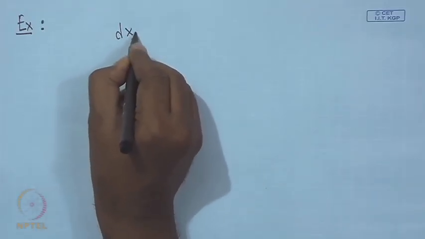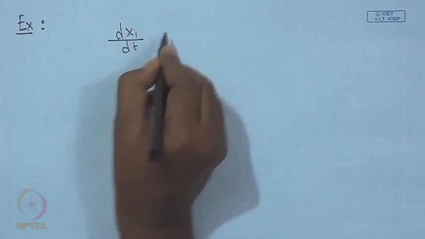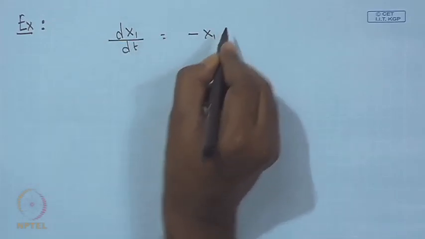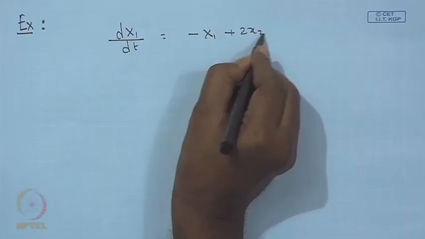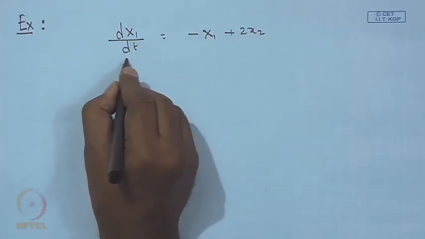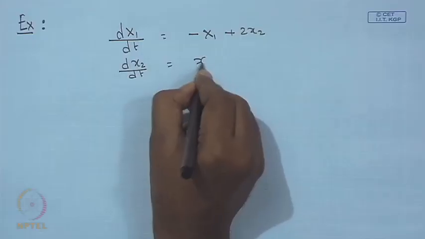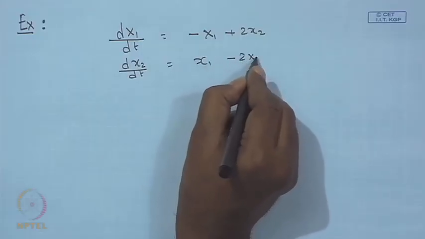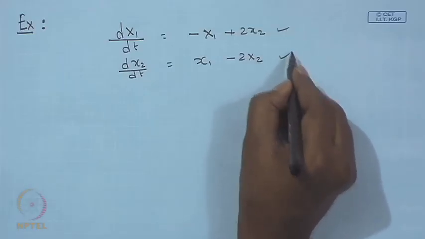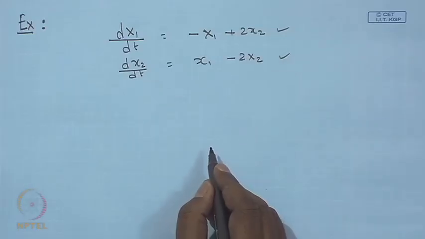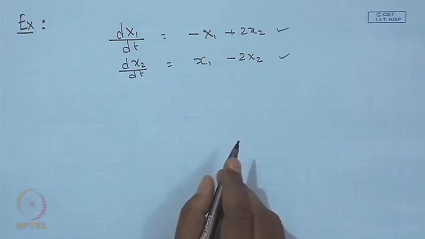So, dx1/dt is equal to minus x1 plus 2x2, dx2/dt is equal to x1 minus 2x2. Suppose these two are the governing equations of a transient chemical engineering problem.